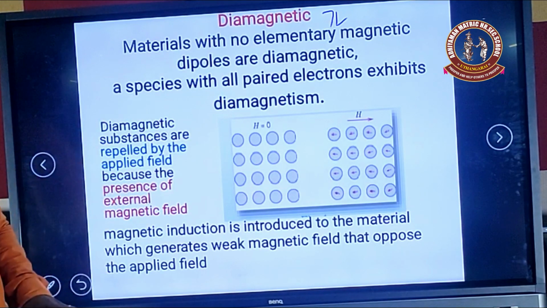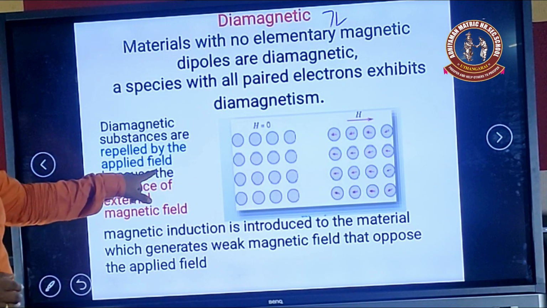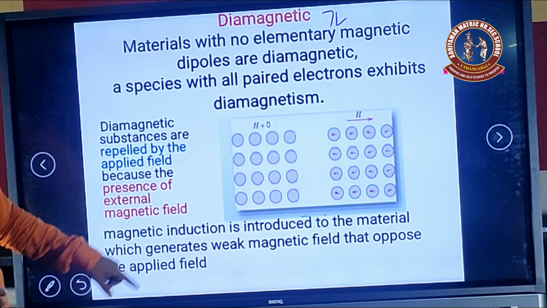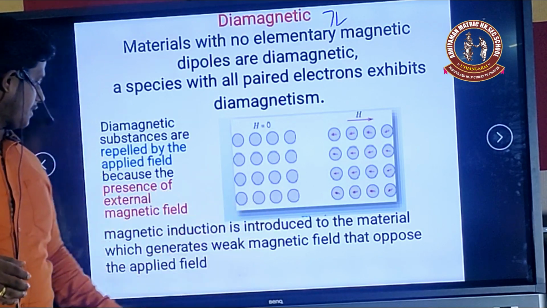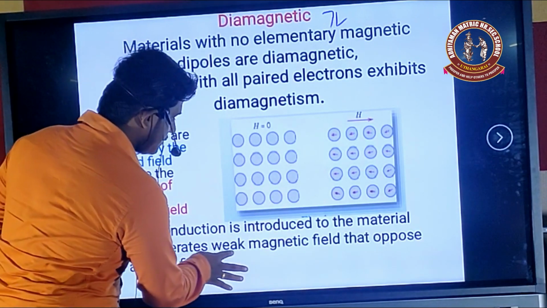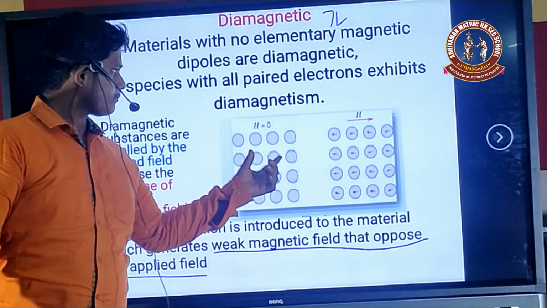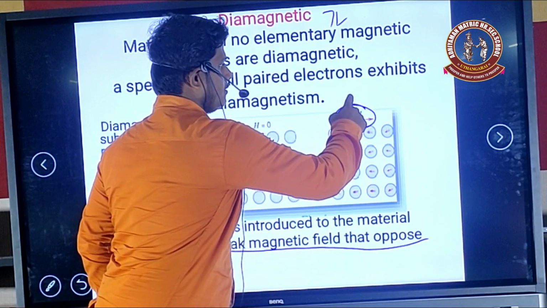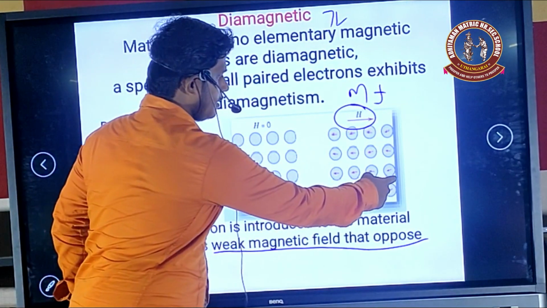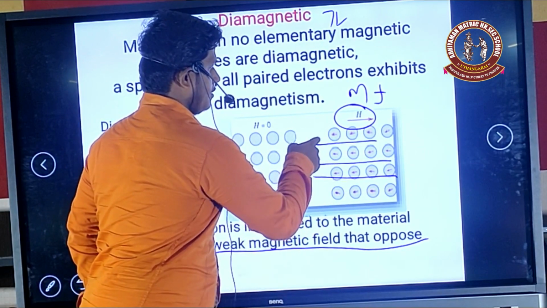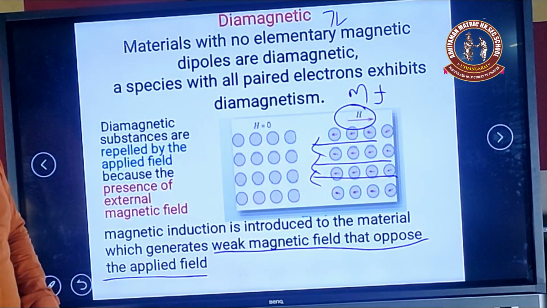Diamagnetic substances are repelled by the applied field, because in the presence of an external magnetic field, magnetic induction is introduced in the material, which generates a weak magnetic field opposite to the applied field. So it is called a diamagnetic character.